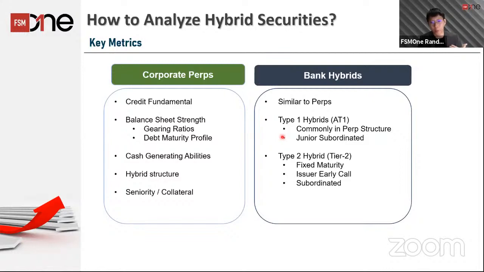Tier 2 bonds, which are one rank higher than AT1 bonds, have a fixed maturity date, but they have early call features to redeem the bond, and they are ranked at the subordinated ranking, which is higher than AT1.